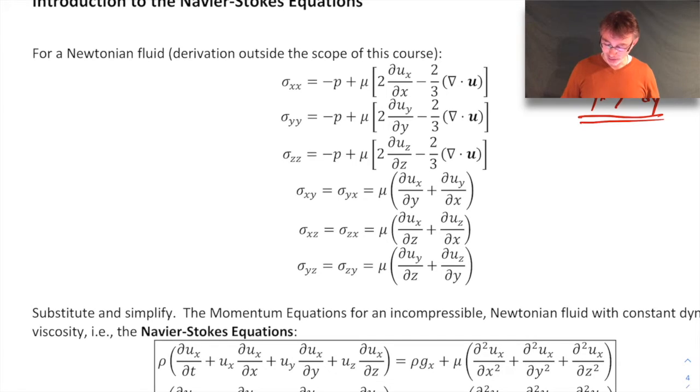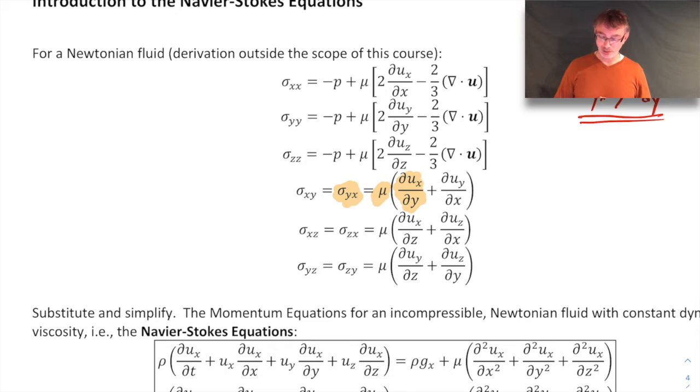But if you look at this for a second, this tau yx equals mu dux dy, that's actually this expression right here. Let me highlight it. I've written everything in terms of sigma rather than tau here. But there's our shear stress on the y face in the x direction. There's your dynamic viscosity, and there's your dux dy.